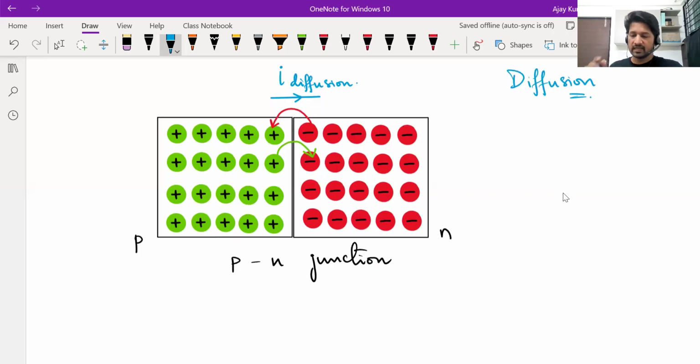And see, electrons are going from N side to P side. N side electrons are majority charge carriers. They are going to the P side. P side holes are majority charge carriers. They are going to the N side. And this movement is what results in diffusion current.